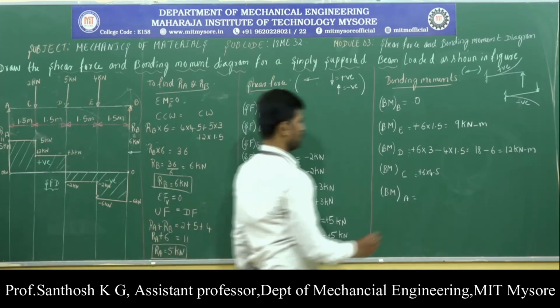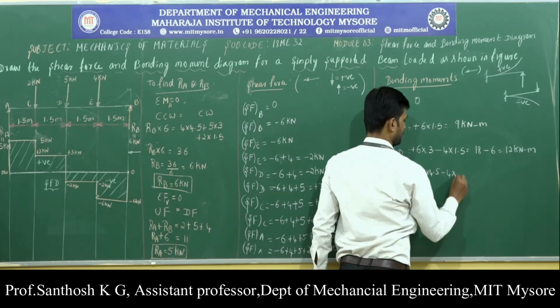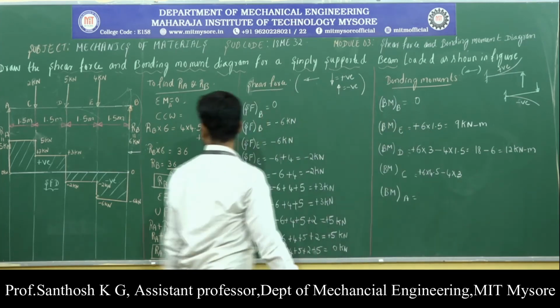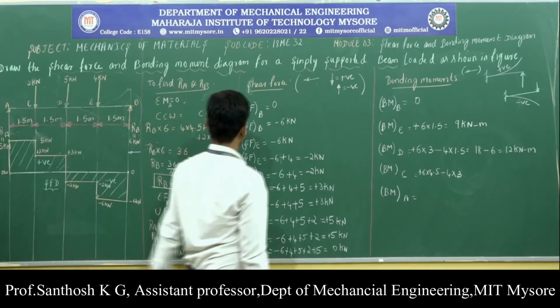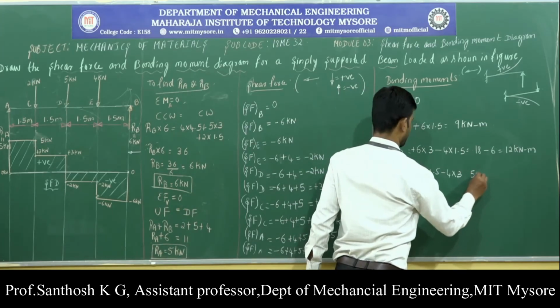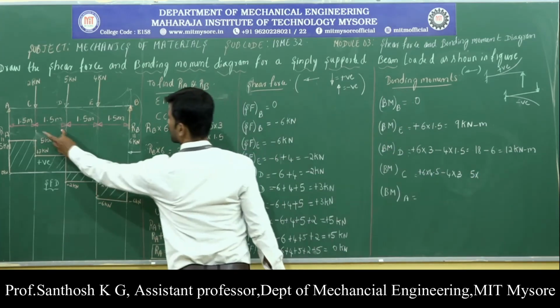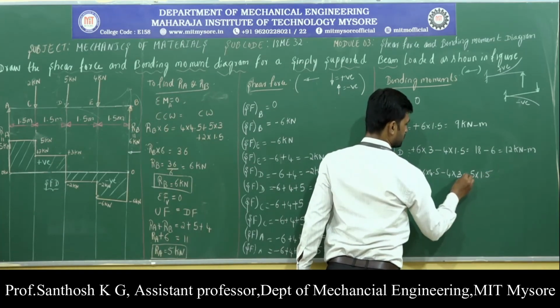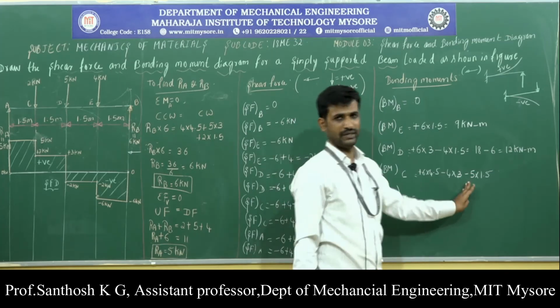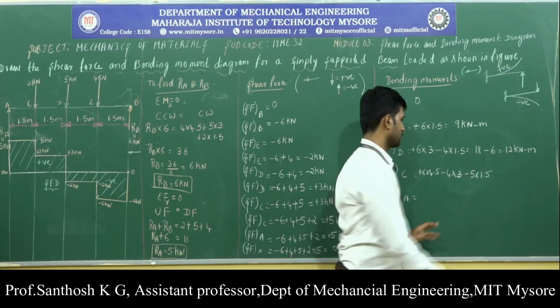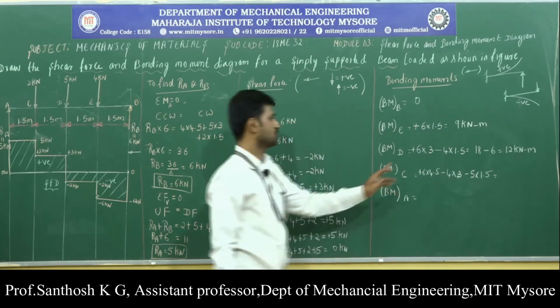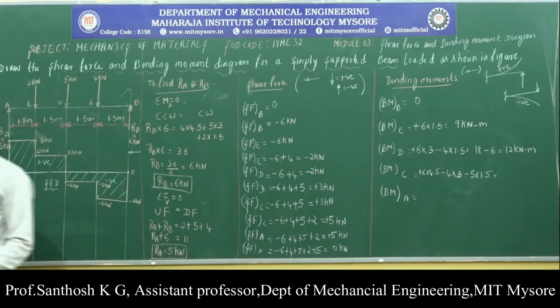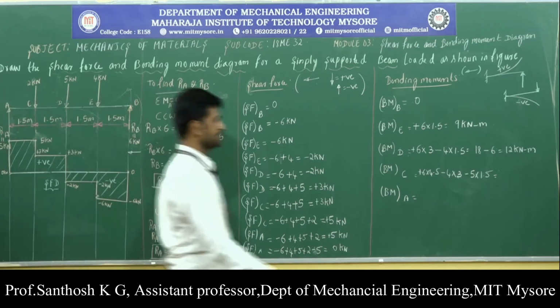So minus 4 and its distance from E is 3. Similarly, the distance of the 5 kilonewton force from point C is 1.5. Since this moment is trying to bend the beam in downward direction, I am going to denote it by a negative sign. So when you add all this, you will get the value of moment at point C as 7.5 kilonewton meter.